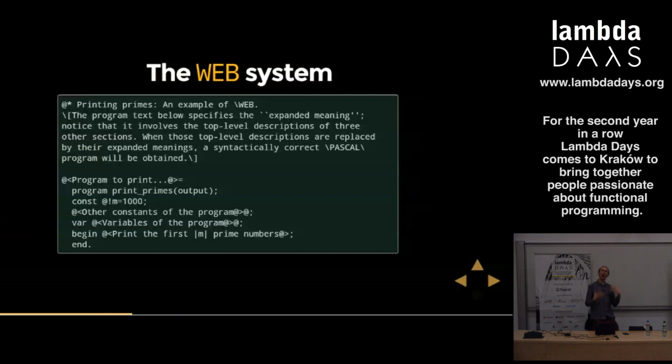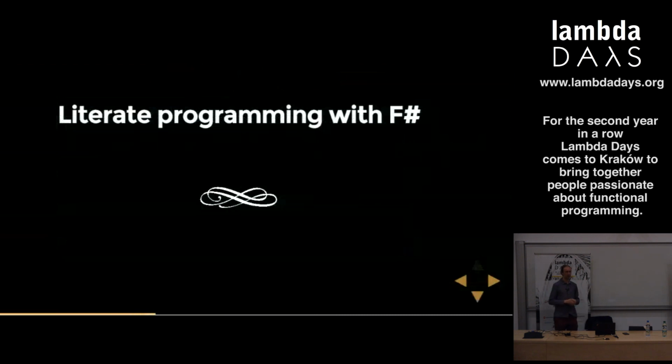If you go back to the original idea, when people think about literate programming as just writing comments, they actually miss quite a lot from the original interesting idea here. So what can we do in FSharp?